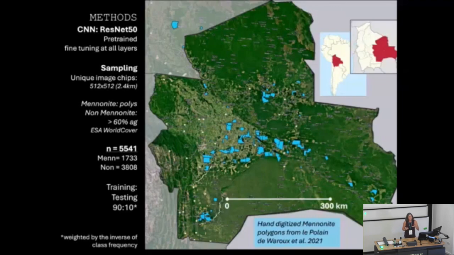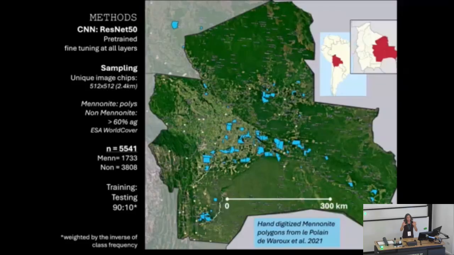So for the non-Mennonite data, we were interested in just classifying Mennonite presence colonies versus non. For the non-Mennonite, we used the ESA WorldCover land map and just selected areas in the department that were at least 60% agriculture. Those are all unique image chips.